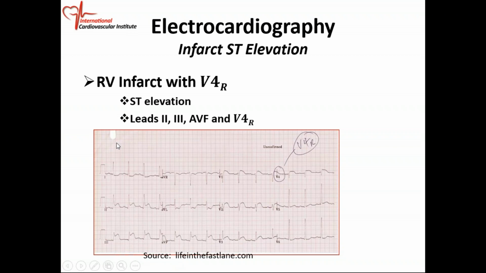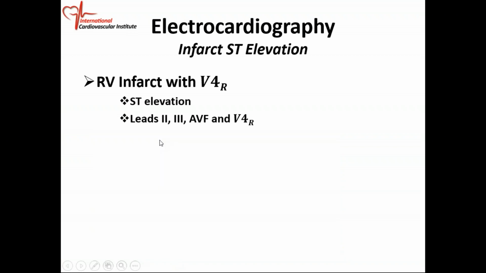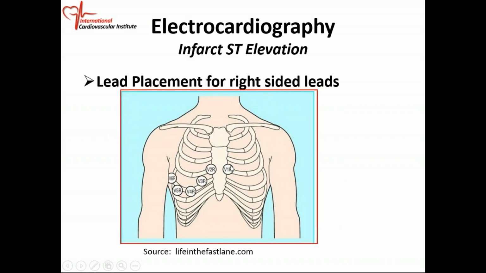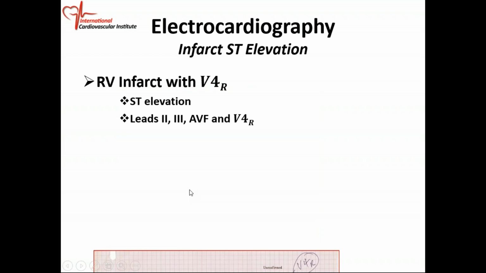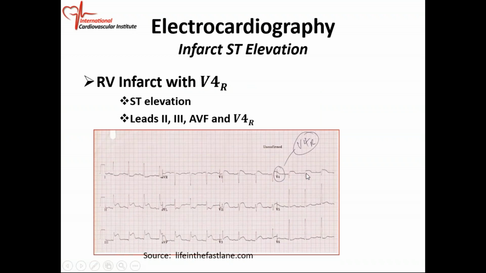One third of these patients are going to have an RV infarct. What you do, you switch your leads around and put your leads on the right side, and you want to look at your V4R. The V4R will have ST segment elevation, and this will make the diagnosis of RV infarct.